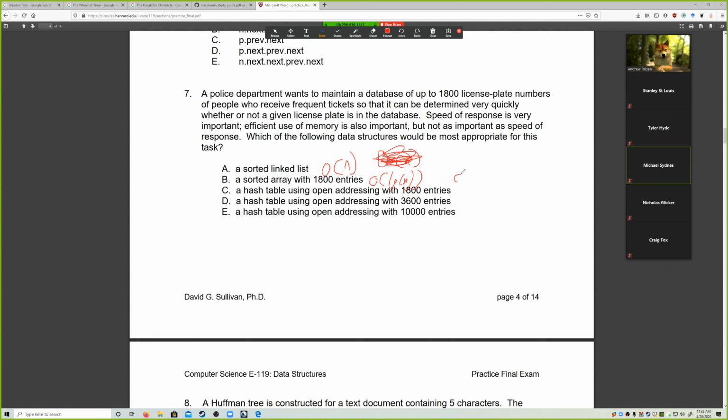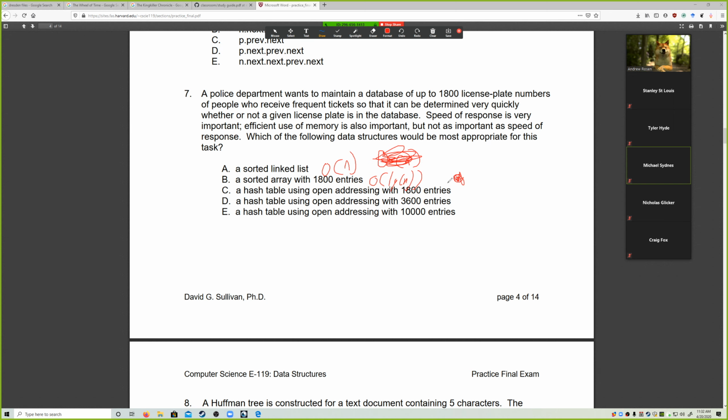And as far as space goes, the space is pretty good. You're using exactly as much space as items you have, with essentially no overhead. With the linked list, we have the overhead of going forward and back. So this beats it in both regards.